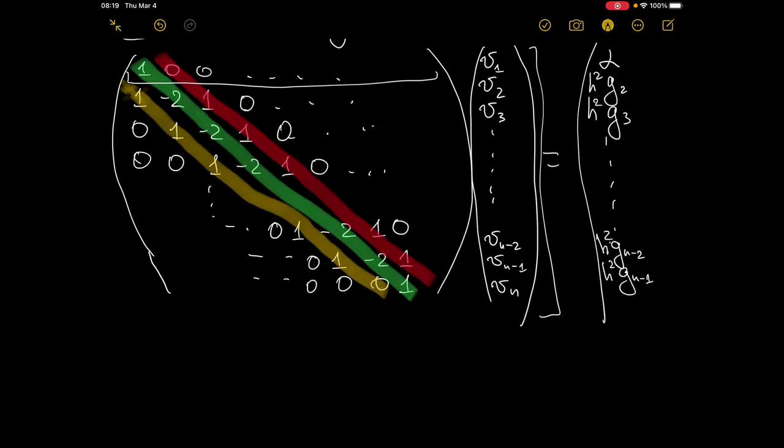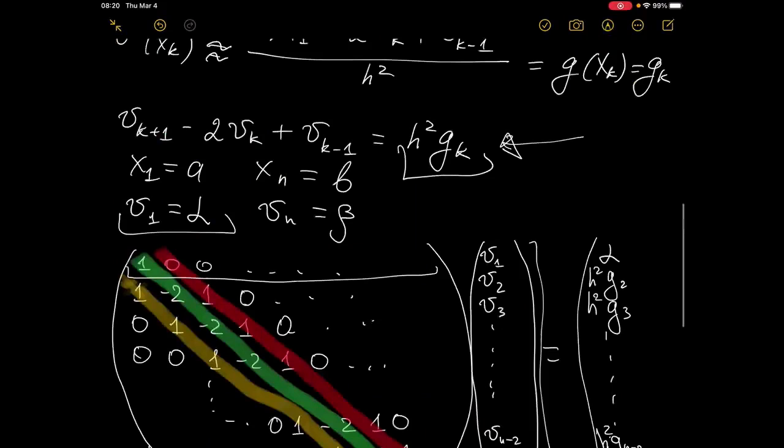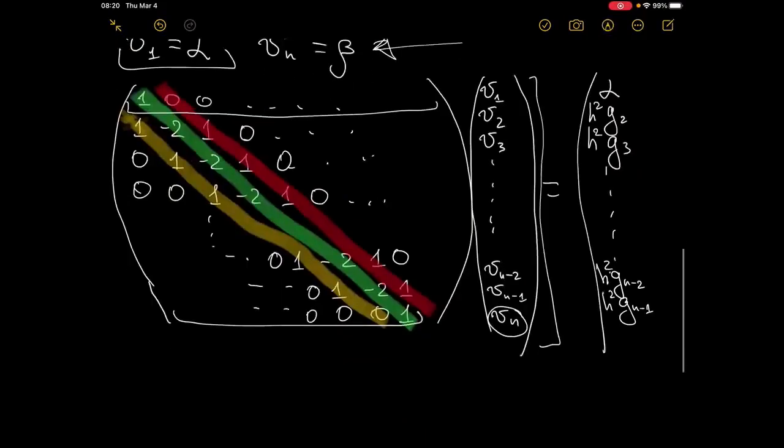And in the end, if you multiply the last row by the unknowns, we will get just vn. But vn, again, according to the boundary condition, is supposed to be equal to beta.